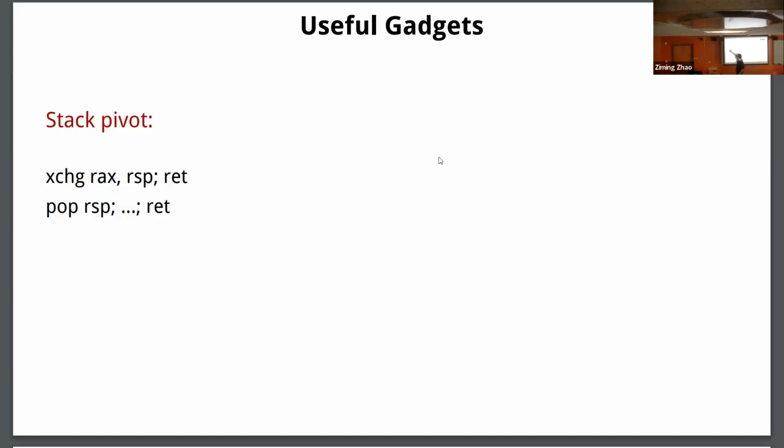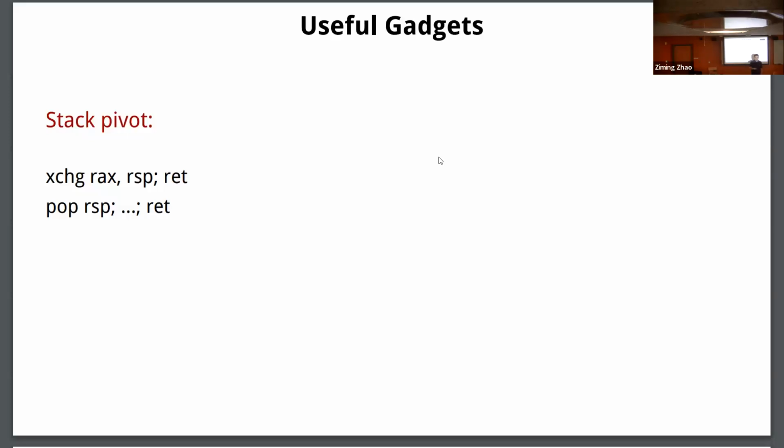Basically, you find an exchange instruction to exchange the value of EAX with ESP, the stack pointer. There are similar gadgets, like pop ESP, return. But for this specific one, you have to use the one that changes EAX.